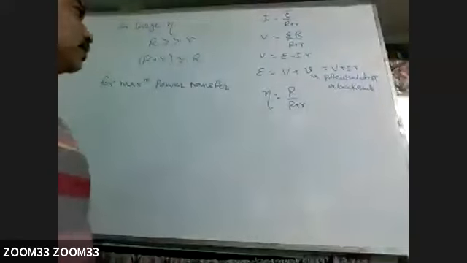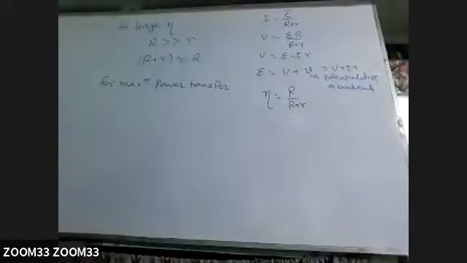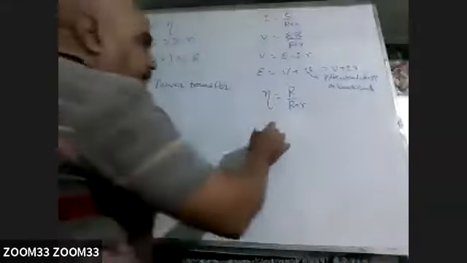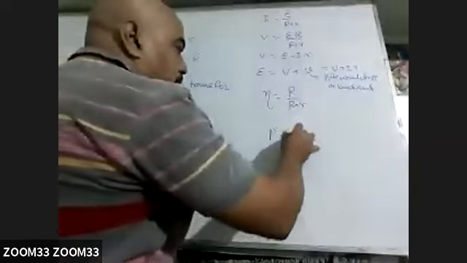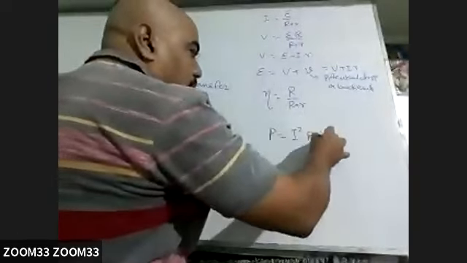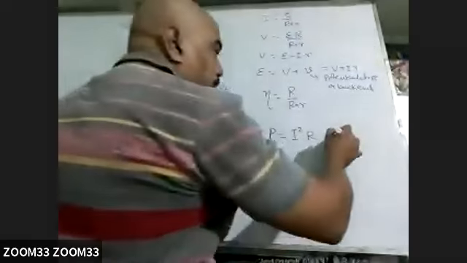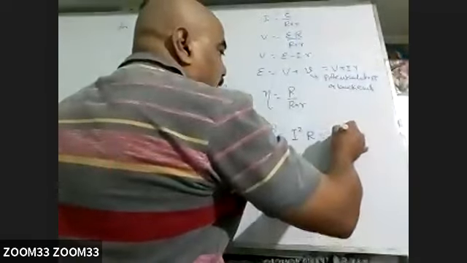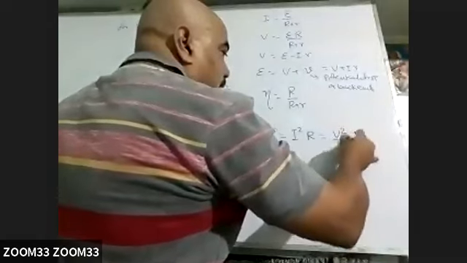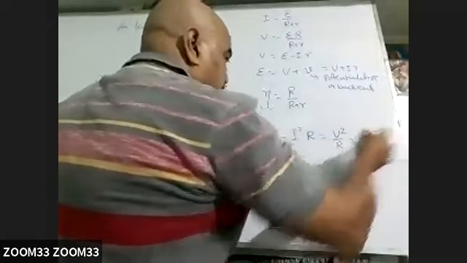That is power transmission or energy transmission per unit time. So what is the relation for power? We did yesterday: this P was I square R, or V square over R, or V into I.